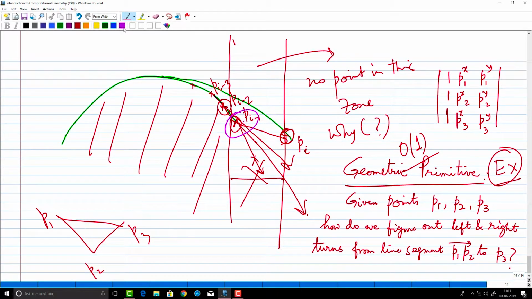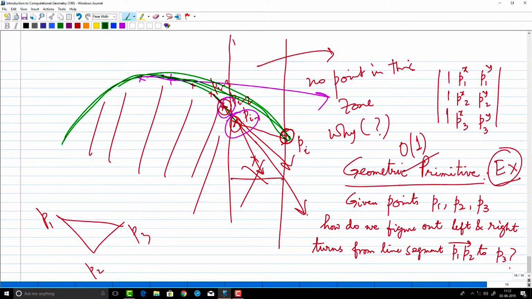So, now you know that P I minus 2 also has no business being in the hull. You keep going back till you hit a point such that it is going to make a right turn to hit P I. So, now this is your convex hull, agreed.